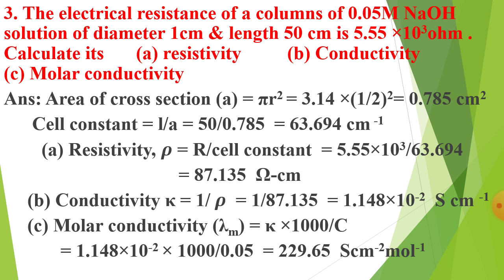That means you can learn like this, lambda with the peak and lambda without the peak. So here it will be the lambda without the peak. So molar conductivity will be lambda m equal to K into 1000 divided by C, equal to 1.148 into 10 to the power minus 2, this is conductivity, into 1000 divided by concentration given 0.05 capital M. By solving this, we got the molar conductivity in terms of Siemens centimeter square mole inverse.